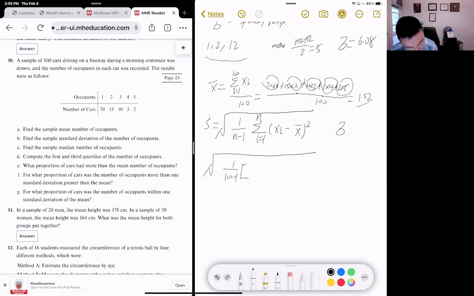That is also equal to, we can use another equation, which is this. So we have 70 cars with 1 occupant, so that's 1 minus the mean value 1.52 squared, and we have 15 cars with 2 minus 1.52 squared, and so on.